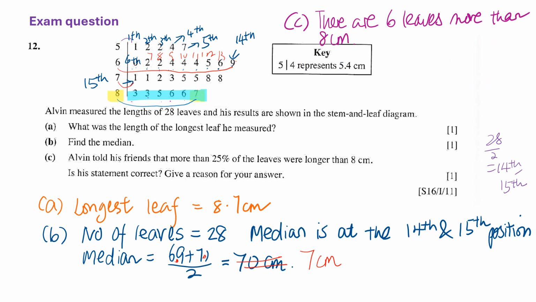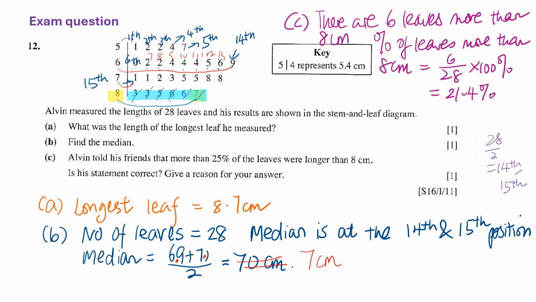All right, so more than 8 centimeters, there will be 1, 2, 3, 4, 5, 6, 6 of them. So 6 over total 28 is only 21.4%. So our dear Alvin is not truthful. So the statement is incorrect.